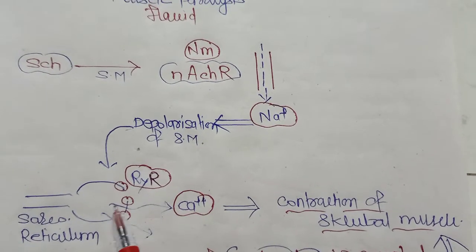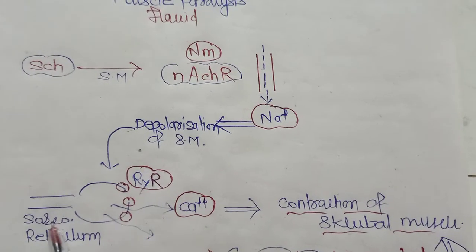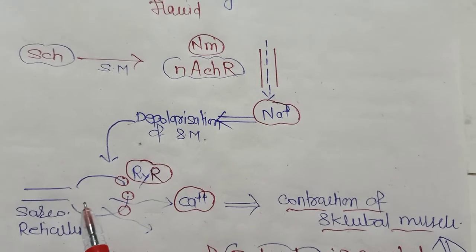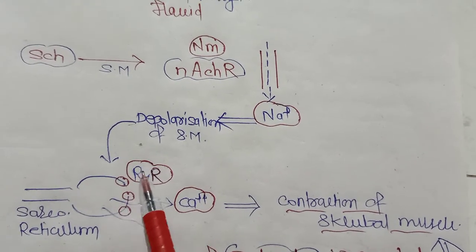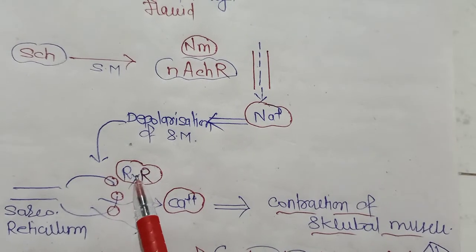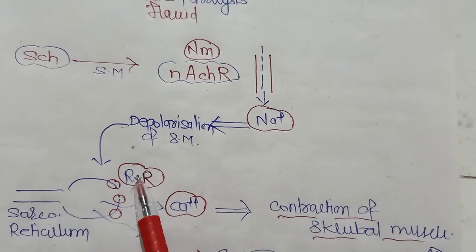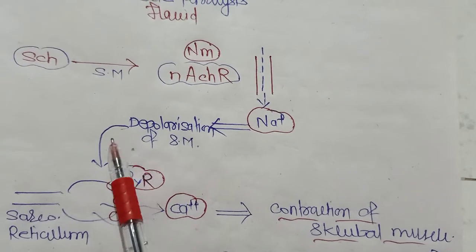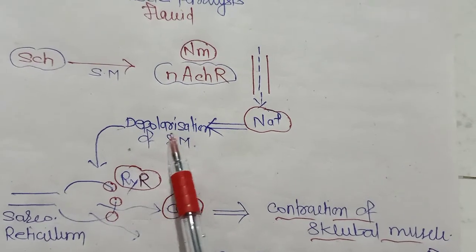There is an activation of the ryanodine receptor, RYR, which is present on the sarcoplasmic reticulum. Why is the ryanodine receptor activated? Because there is a depolarization of the skeletal muscle membrane.